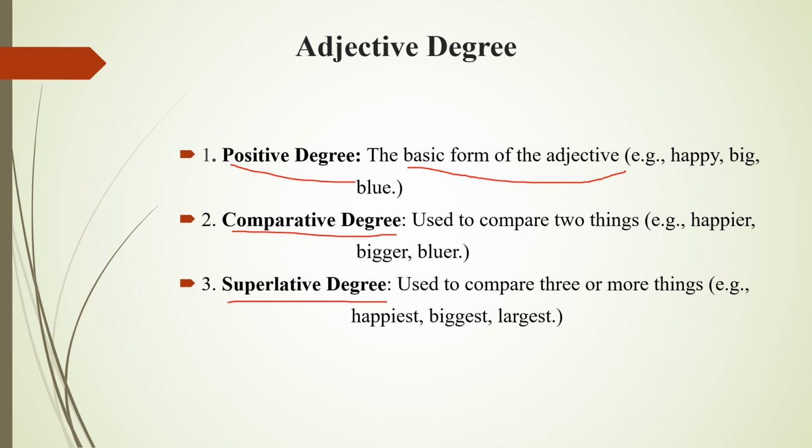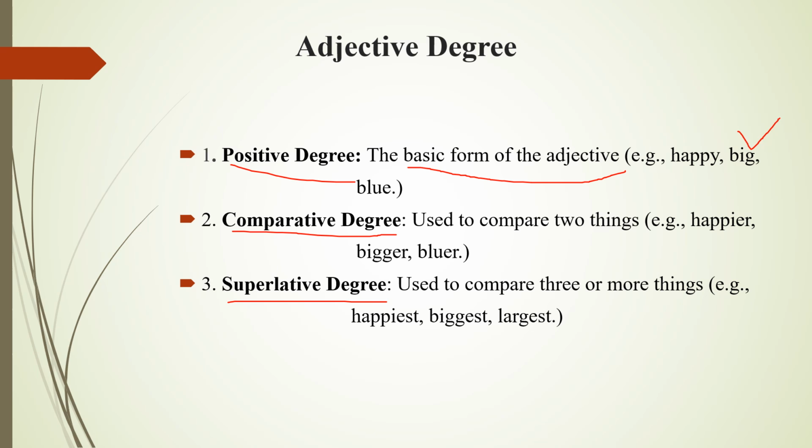Like we say happy, big, blue. Suppose we say this is a big house. So this is an example of positive degree. Or I am happy, or I have a blue shirt.